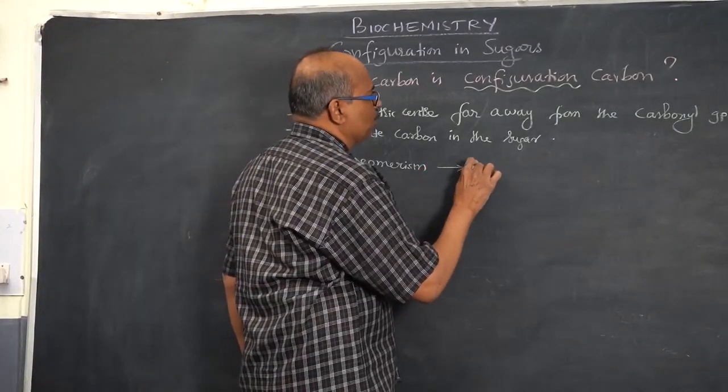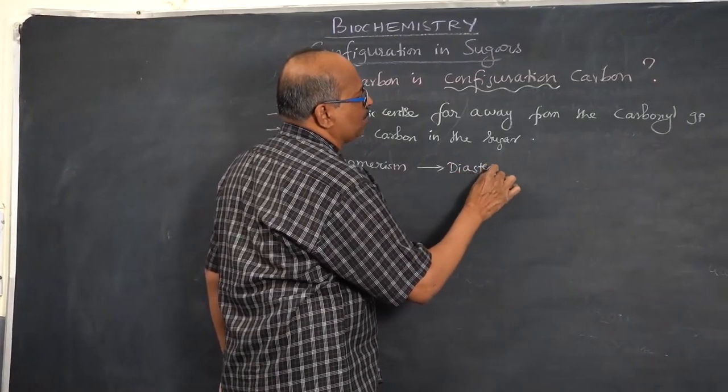Those optical isomers we call diastereomers.